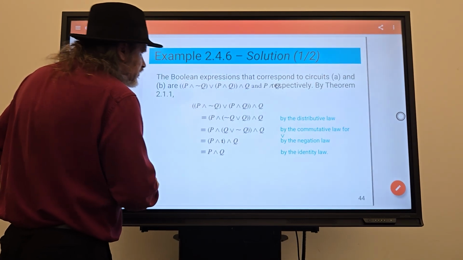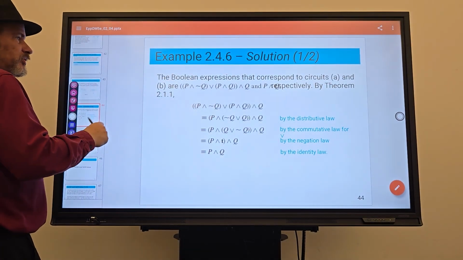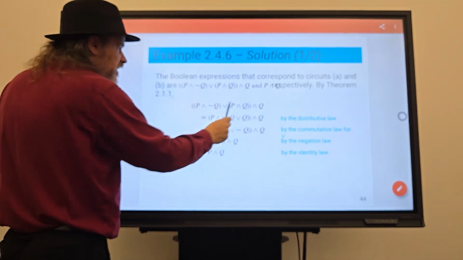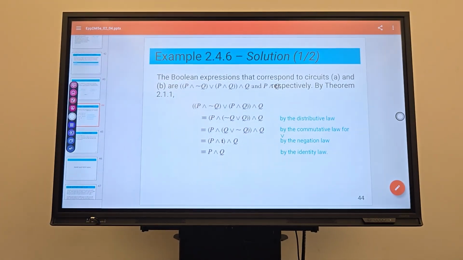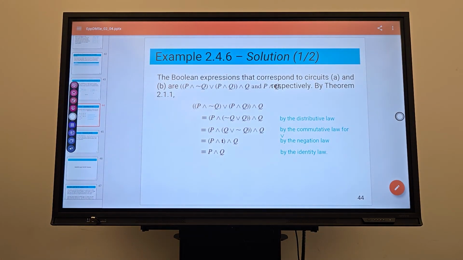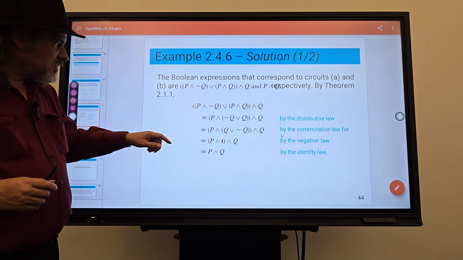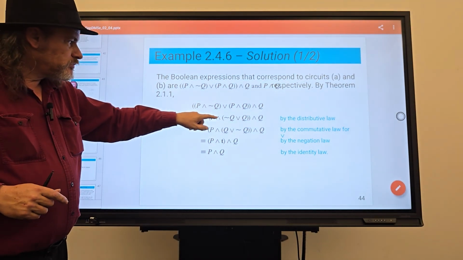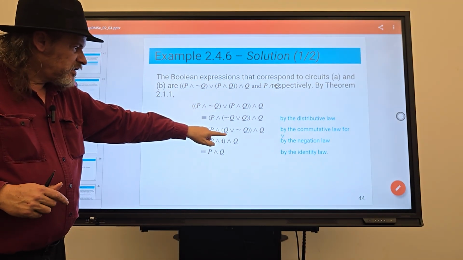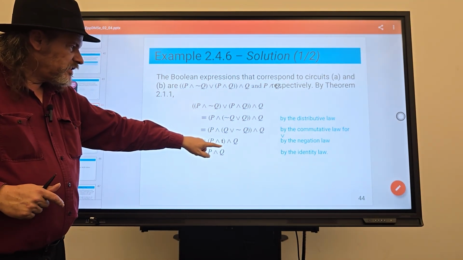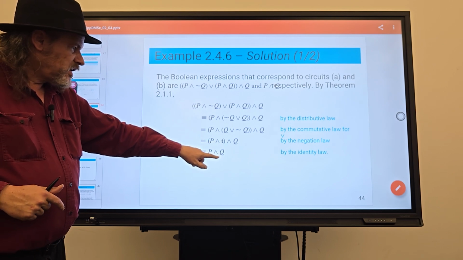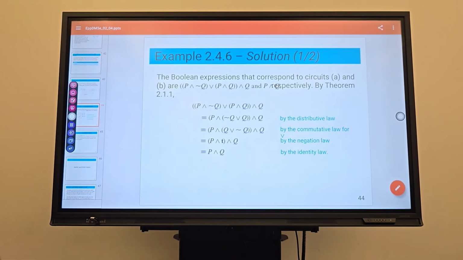Or you can convert to your Boolean expression and then use the laws that we learned last time or in a previous lecture. Use the distributive law, then the commutative law, then the negation law, then the identity law.